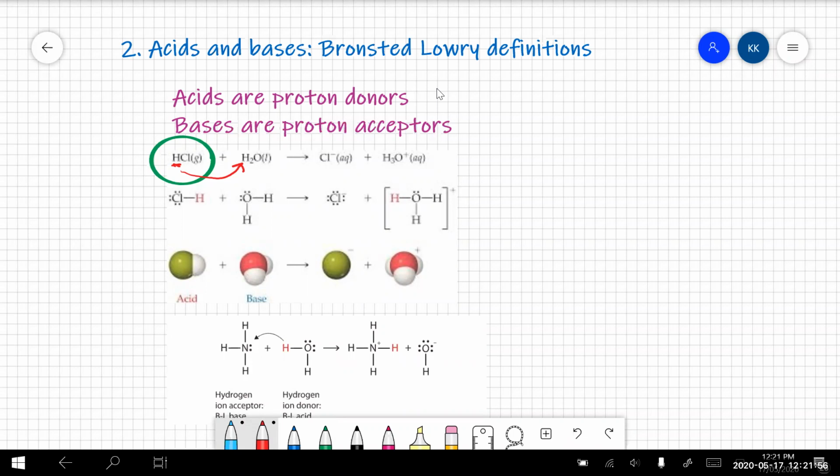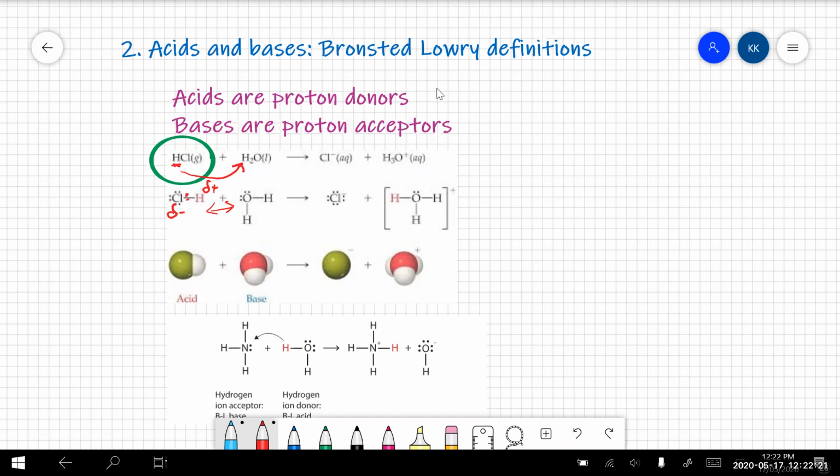When these two molecules approach closely, because HCl is a polar molecule, you remember the hydrogen has the positive charge. Chlorine has a much higher electronegativity than hydrogen, so it's dragging that shared electron pair over really close to the chlorine.